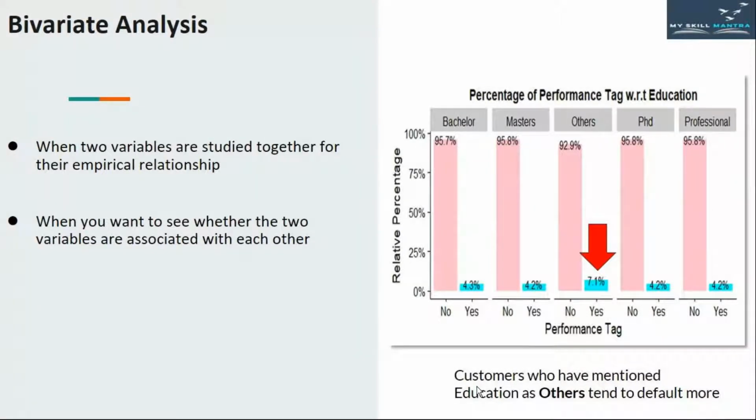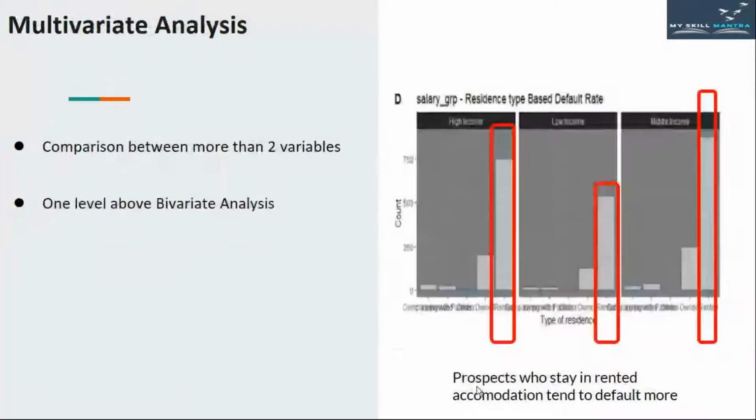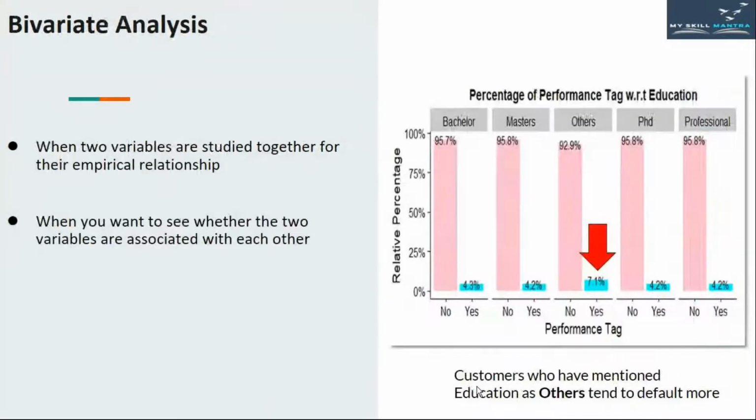We can see that people who have not mentioned their education details tend to default more. It was essentially 7.1% for people who didn't mention their education, and around 4.1 to 4.3% for people who mentioned their educational background.